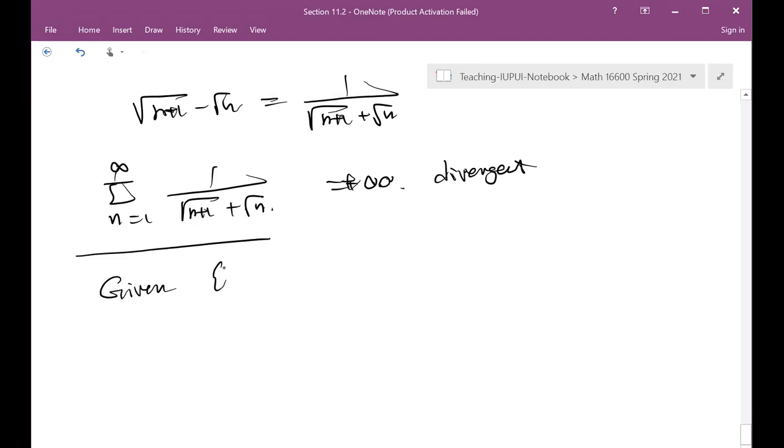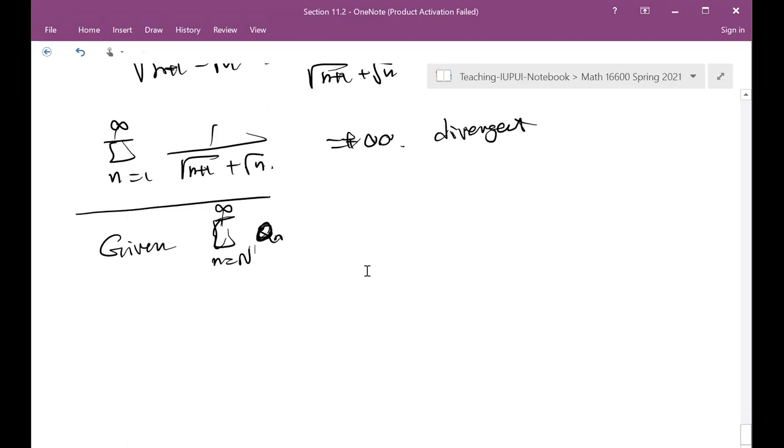Given a series, the sum from n equals 1 to capital N of a_n. Now I'm going to look at S_k. This is a partial sum.